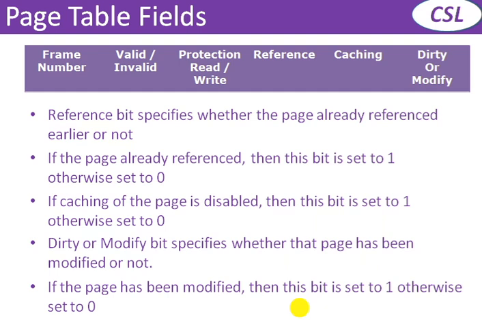That means when a page fault occurs, we have the page number, but that page is not available in memory. Then the operating system checks the secondary memory to see whether the paging area partition is available or not. If it is available, it gets the data and updates the page table. That is the modification. If the modification is done, then the bit is set to 1. Otherwise, it is set to 0.